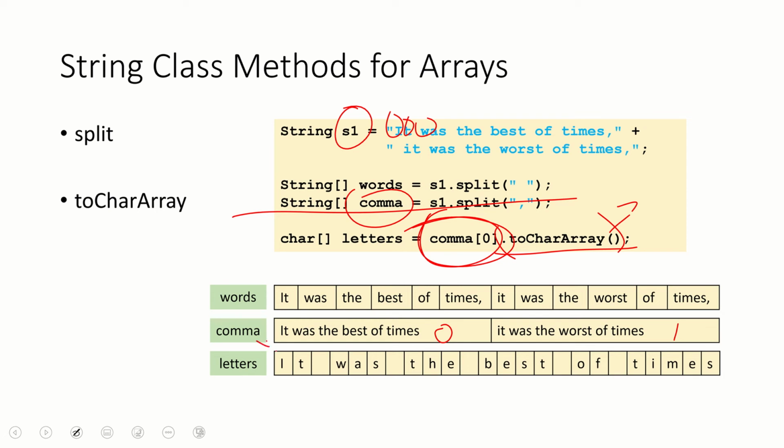So this will help us get the char array. One thing you need to be careful about: the return type is char, which is a character. So there is no input parameter, and this method returns a character array.